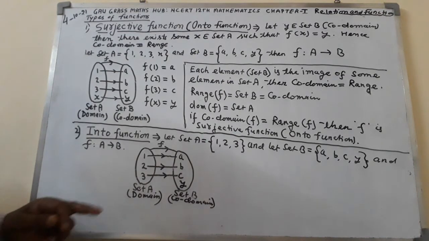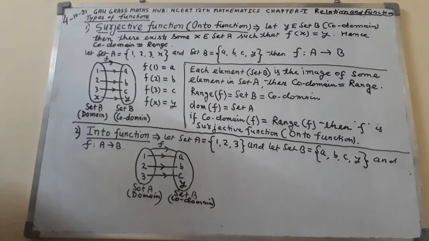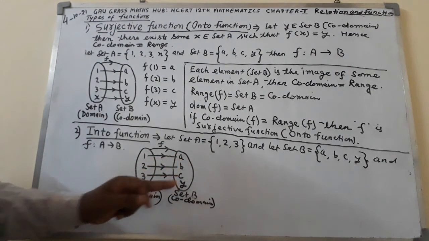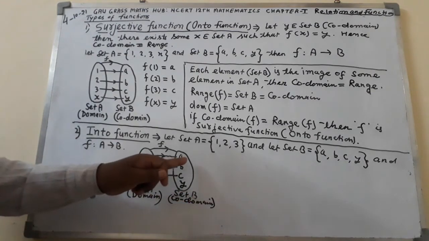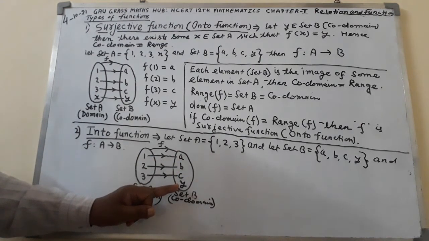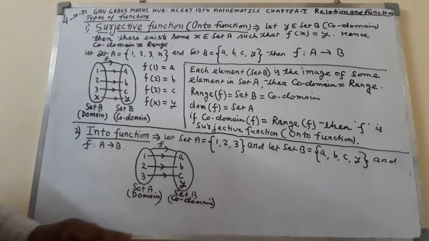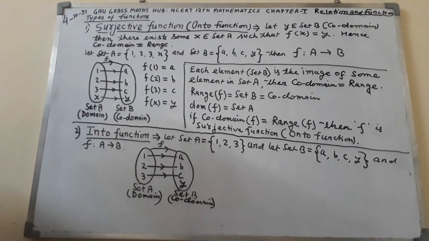But y is not an image. a, b, c and y all belong to set B, the codomain. a, b and c are images, but y is not an image. That's why this type of function is known as an into function.